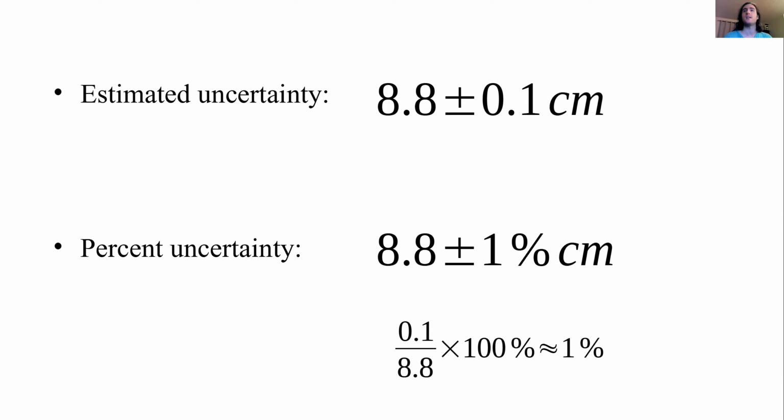Standard percentage calculation. And this calculation rounds off to about 1% uncertainty there. So 1% uncertainty in our measurement, that seems like a pretty good uncertainty. But you can never be too sure, right? Sometimes you really do need a high precision measurement, and 1% uncertainty is very, very big in some cases, okay?